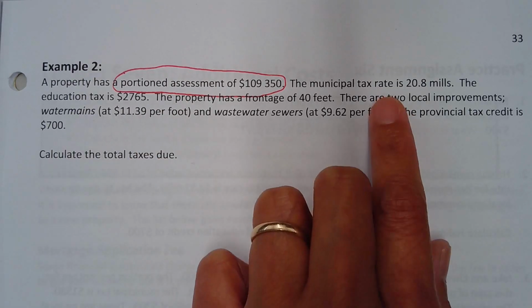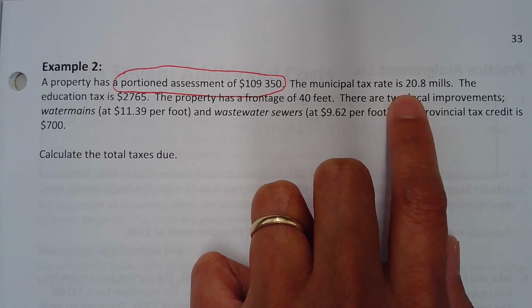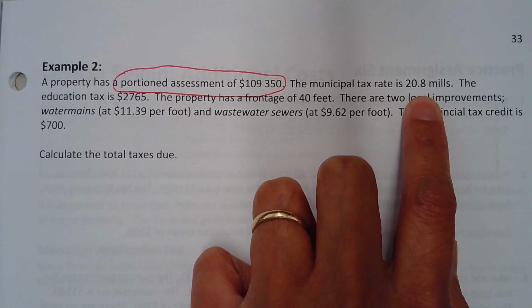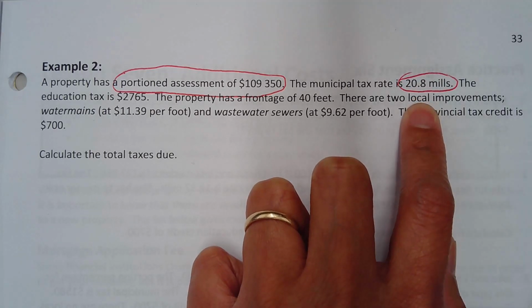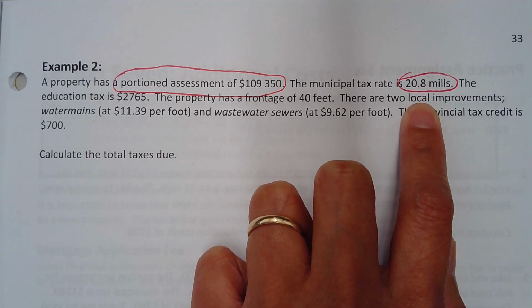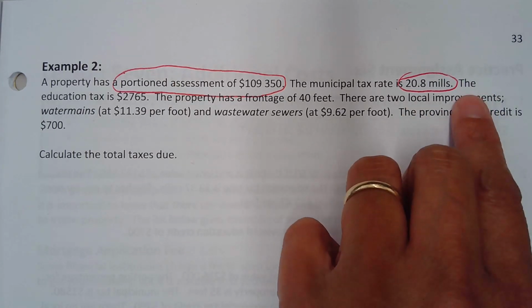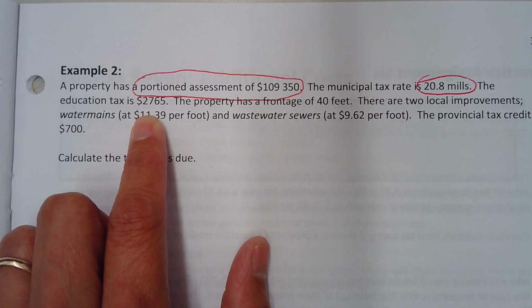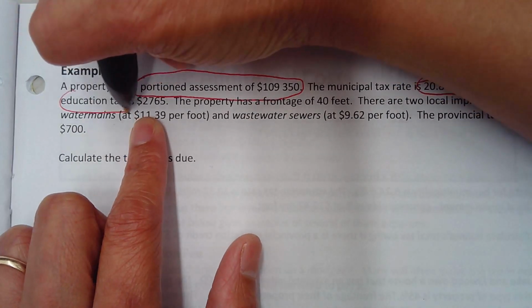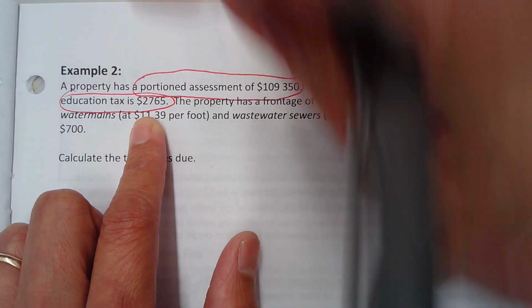Okay, what else is here? The municipal tax rate is 20.8 mils. Now we have to figure that out. And then the education tax is 2,765. That's kind of nice because we don't have to do any calculation there.